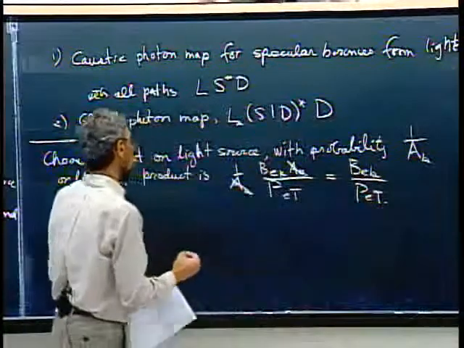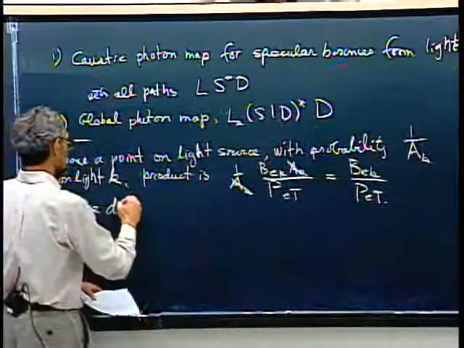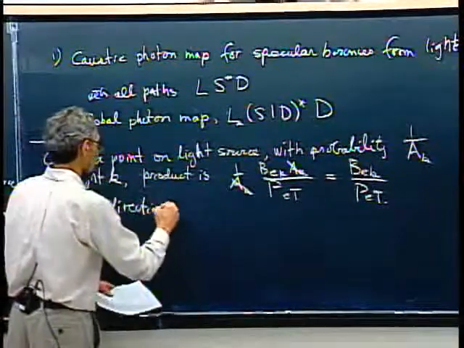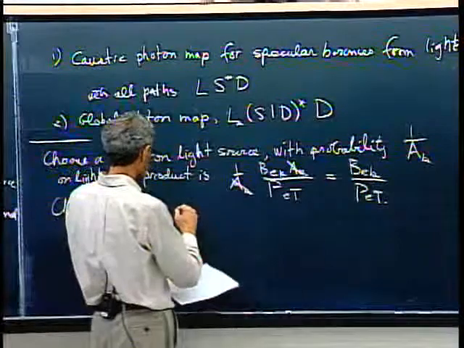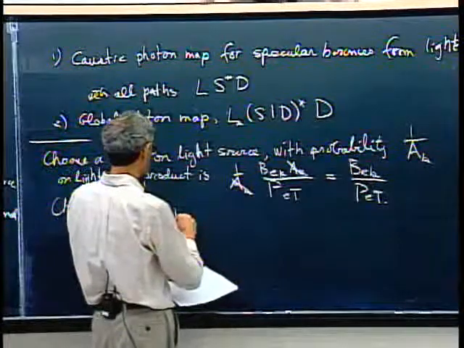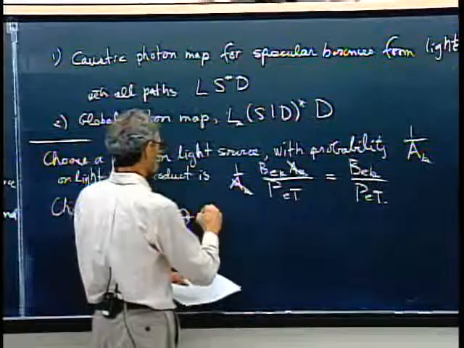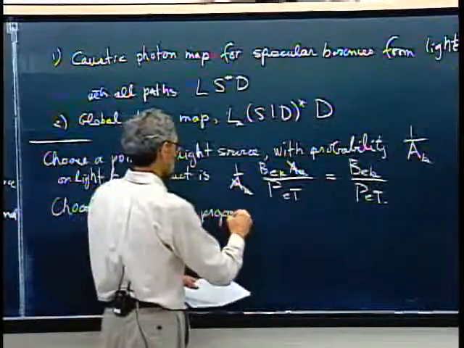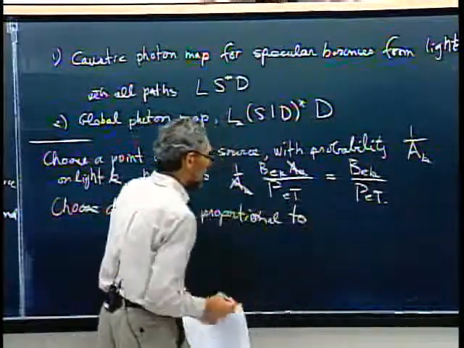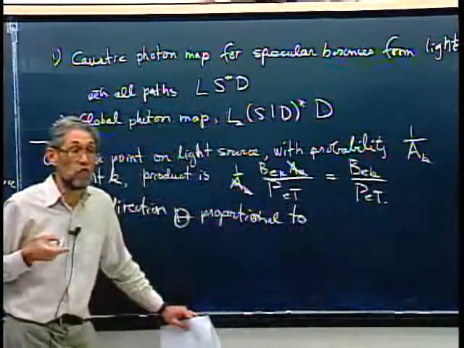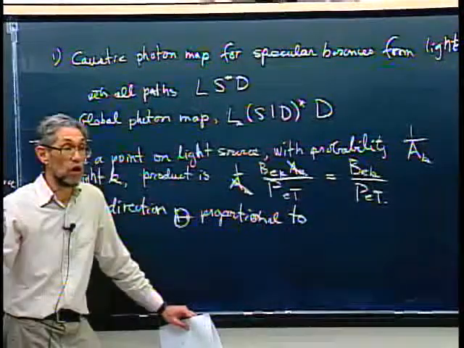And now, if it's a diffuse light source, choose the direction that it's leaving, say, why don't I call the direction theta? Proportional, okay, it's got to be the standard foreshortening weighting, right? Because we don't want them to leave equally in all directions.